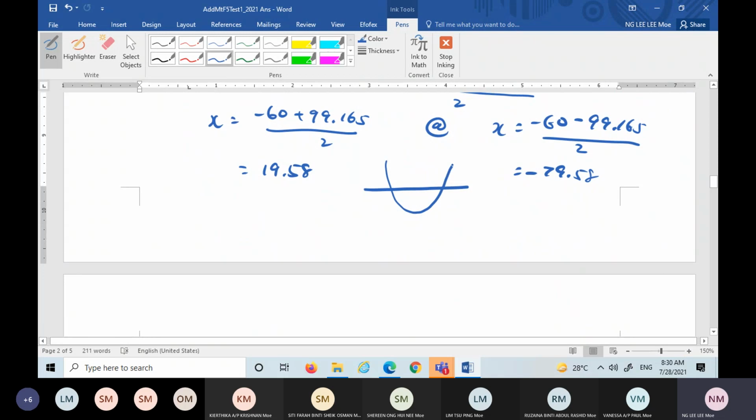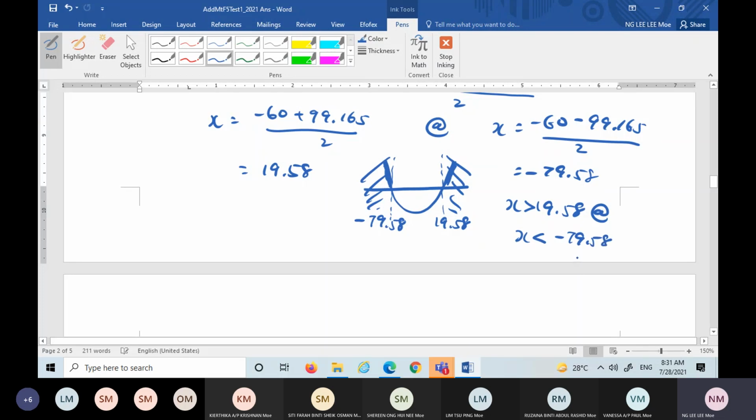Write the two roots: 19.58 should be on the right hand side, negative 79.58 on the left hand side. Taking the part above the x-axis, so taking this range and this range, your answer should be x is greater than 19.58 or x is smaller than negative 79.58.